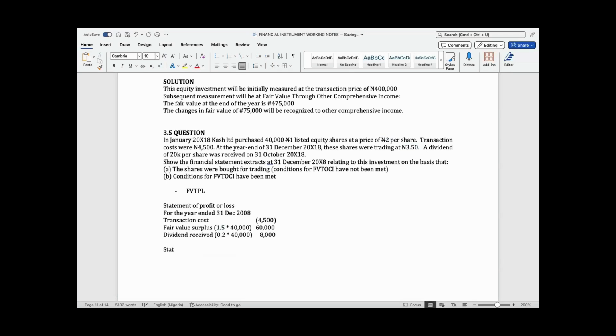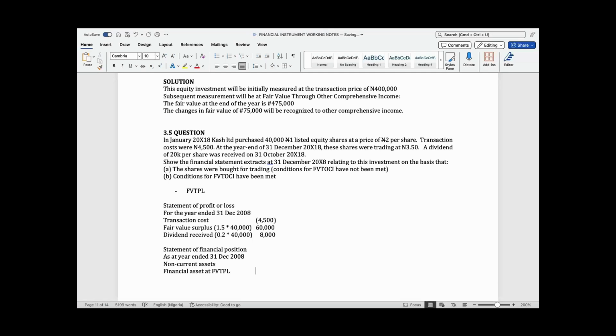So in my statement of financial position as at year ended 31st December 2018, under my non-current assets, I'll have my financial assets at fair value through PL.